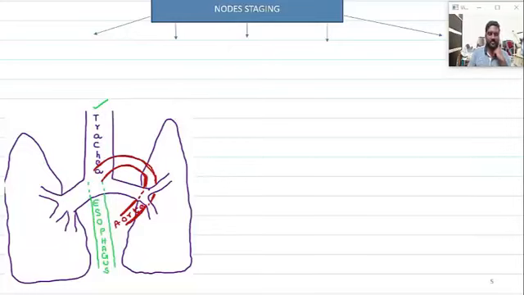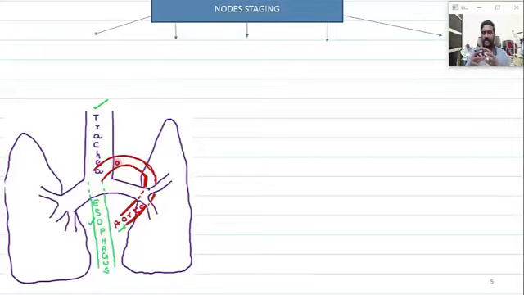And within the mediastinum, we have the esophagus, which will be posterior to the trachea. And from the heart, there will be the arch of aorta, which runs in this way. Ultimately, it goes posterior to the left main bronchus, then it turns anterior. So this is the basic anatomy that you should know for understanding the various lymph nodes.